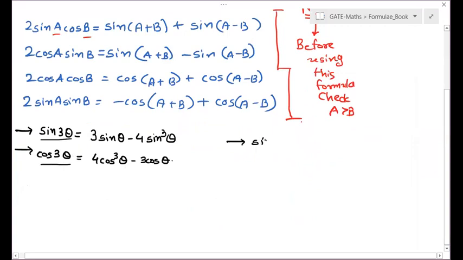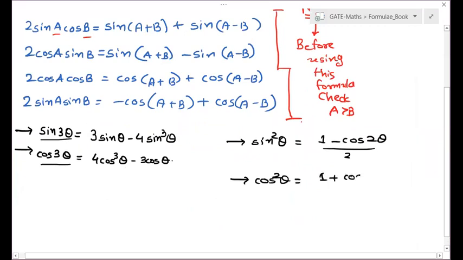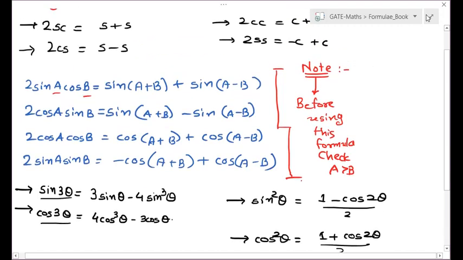Now the formula of sine square theta is 1 minus cos 2 theta by 2. And the formula of cos square theta is 1 plus cos 2 theta by 2. Is it clear? So sine square theta is 1 minus cos 2 theta by 2 and cos square theta is 1 plus cos 2 theta by 2.